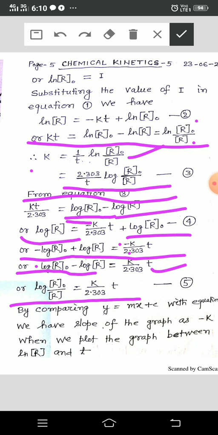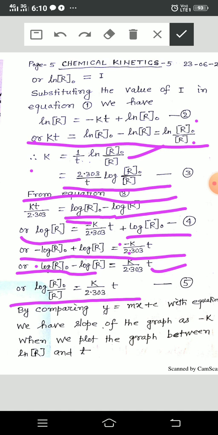This is equation 5. Now if you compare each and every equation with y is equal to mx plus c, you will get different types of plots or graphs by plotting the graph between different terms.